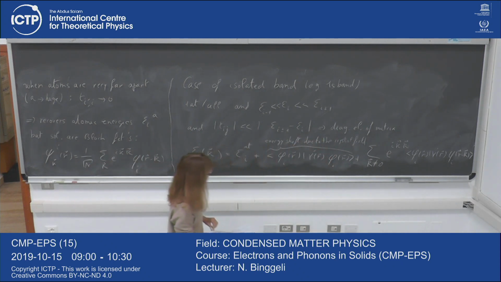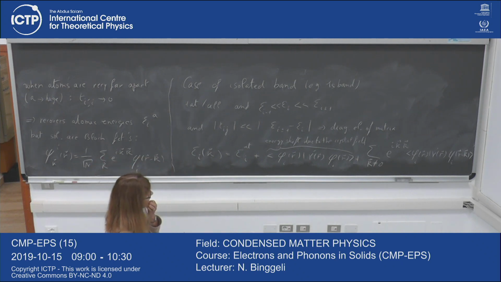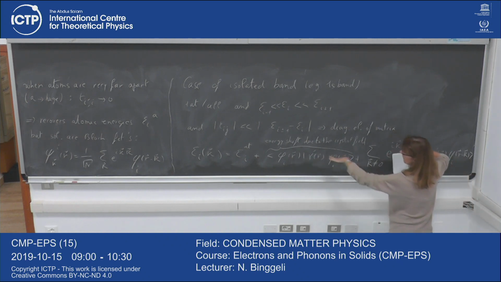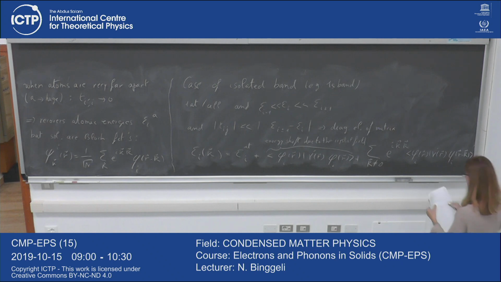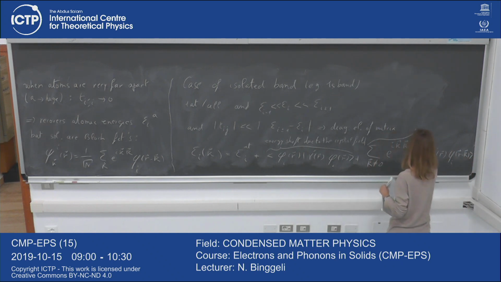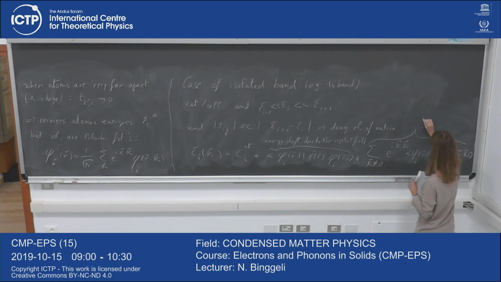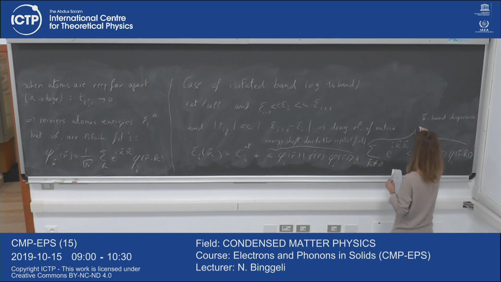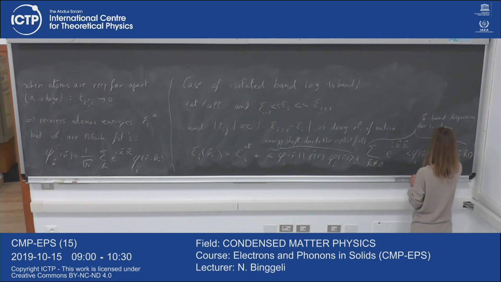And the other element instead, it's a band dispersion. The other part will depend on k, so it will give a dispersion to the band. This part just gives a flat band. So this is what gives the band dispersion, and it is due to the interactions with the neighbors.